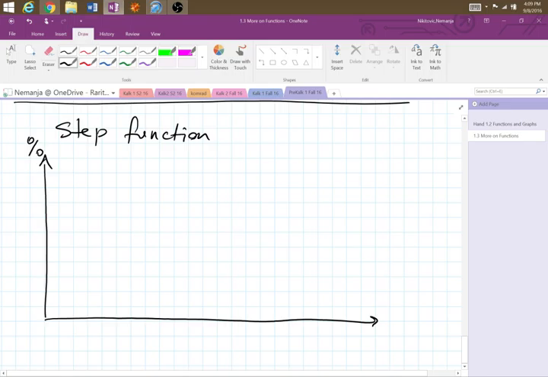So this is the percent, and this is money. 10%, 20%, 30%, 40%, 50%. The largest percent is 39.6, so that's technically 40%.